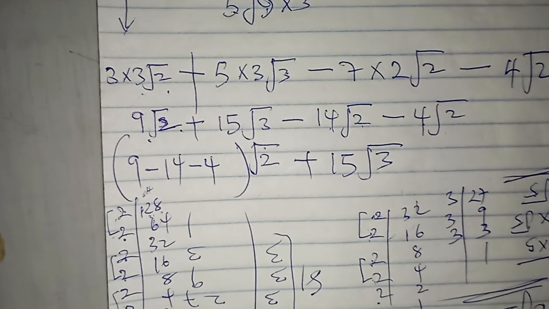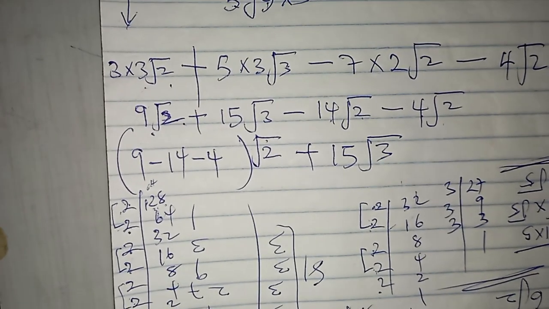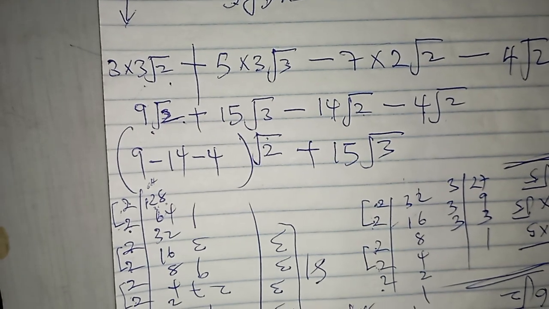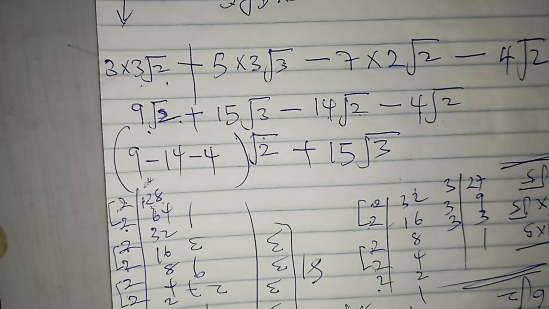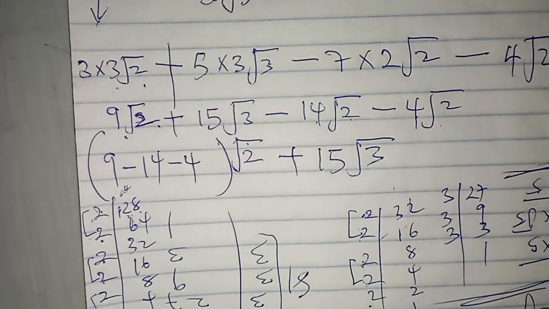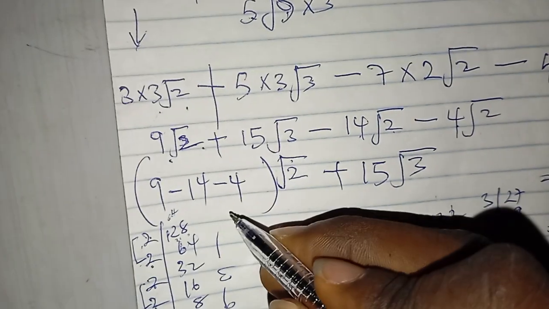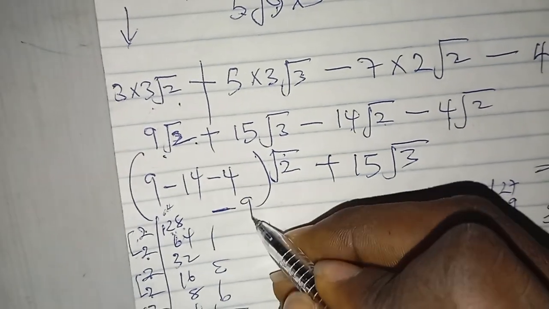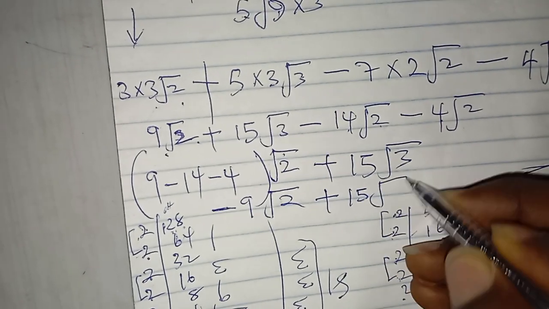Let's try to get minus 14 minus 4. I have minus 9. So minus 9 root 2 plus 15 root 3.